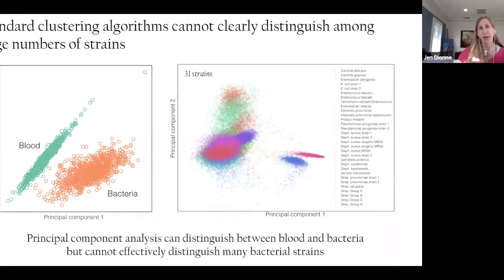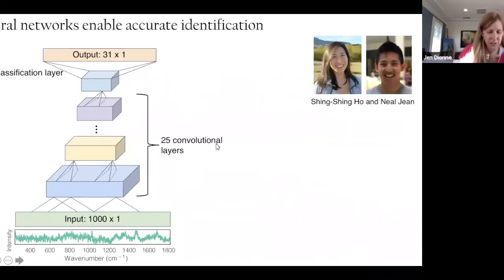But once we know bacteria are present, we want to be able to uniquely determine which bacterial species and strain we're looking at. So we turned to developing a convolutional neural network. Probably many of you have worked with these in the context of images. Here we just applied a convolutional neural net to one-dimensional spectra.